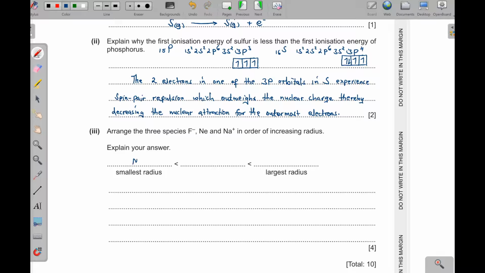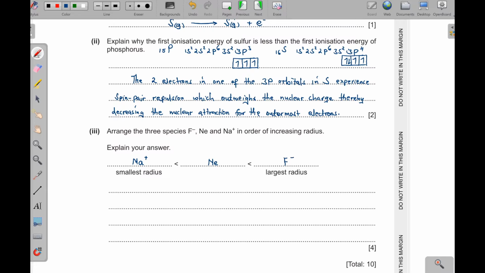So here I will have sodium. And then the next one will be neon. It has 10 protons. And then fluorine here, it has the least number of protons. So this one will be the last one here.